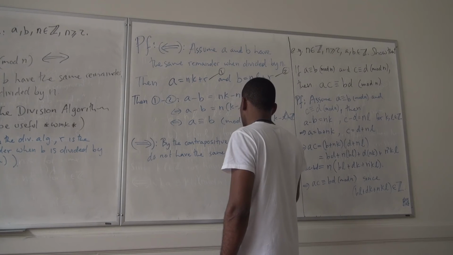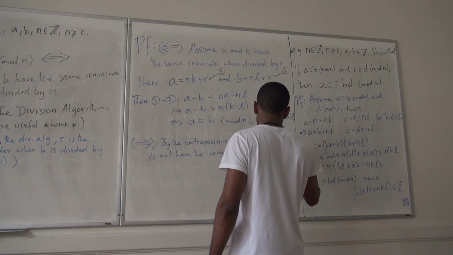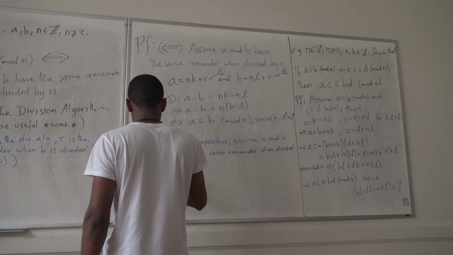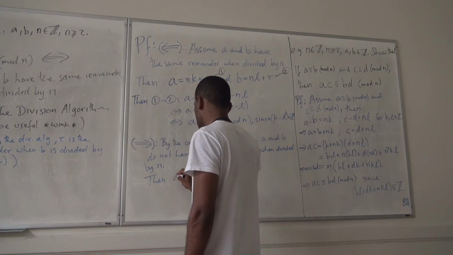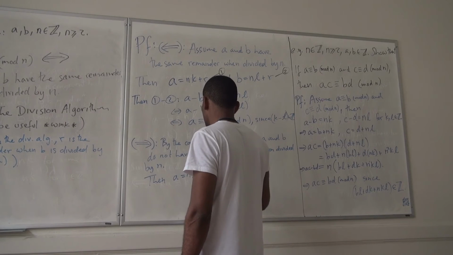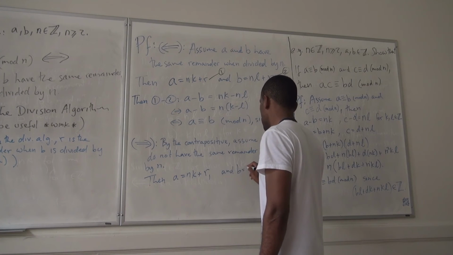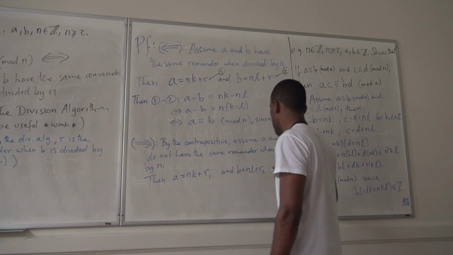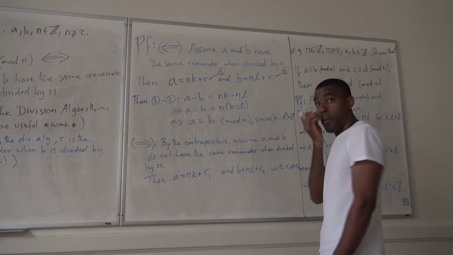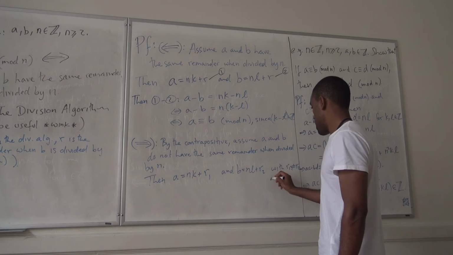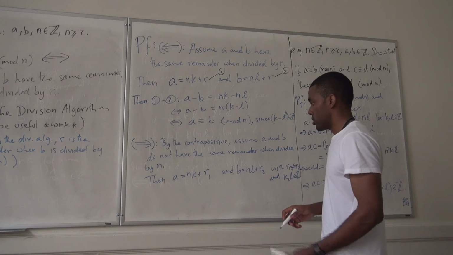Assume A and B do not have the same remainder when divided by n. That means I can write, assuming there is some remainder, A equals nk plus r1, and B equals nl plus r2, with r1 not equal to r2, and k and l integers.